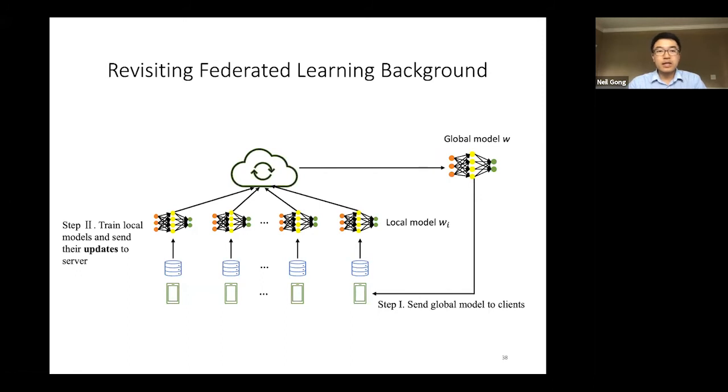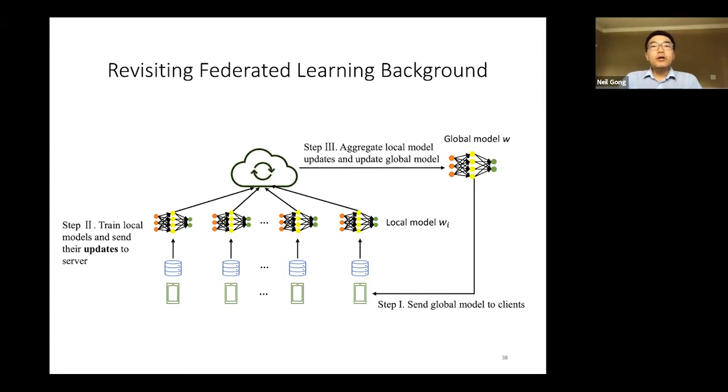In step 2, the clients train their local models. However, unlike what we did in part 1, now we assume the clients send their local model updates instead of their local models to the server. In step 3, the server aggregates the client local model updates as a global model update and uses the global model update to update the global model.